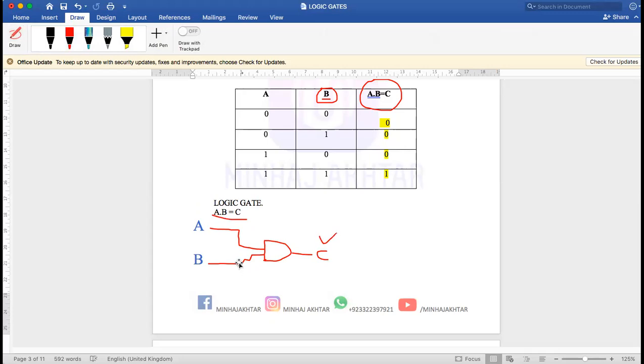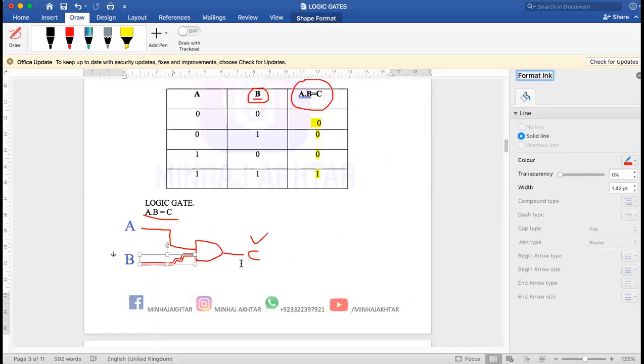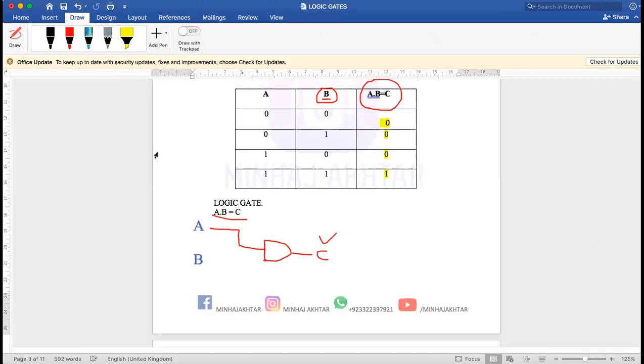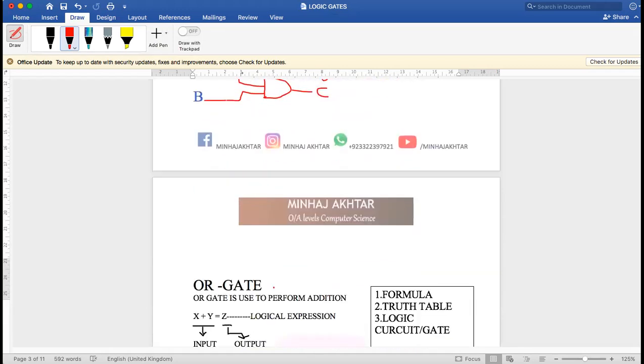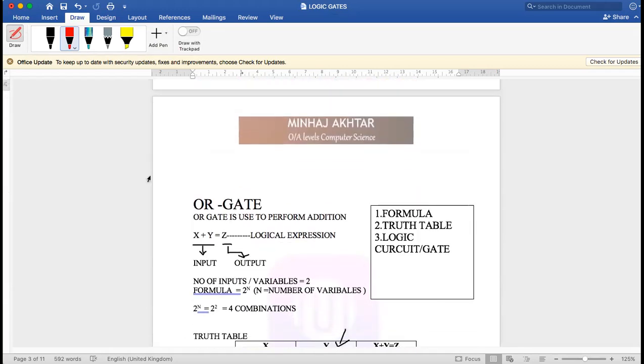So in this way, you are going to draw the logic circuit. Okay. So you need to draw it quickly. Done. Great. My drawing is not good, you know that. So you're habitual now of this type of thing.